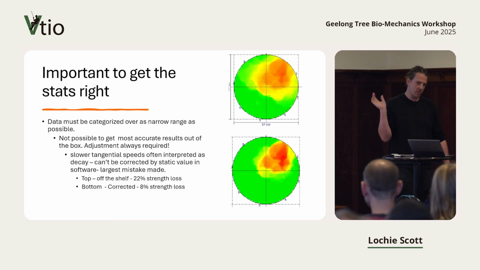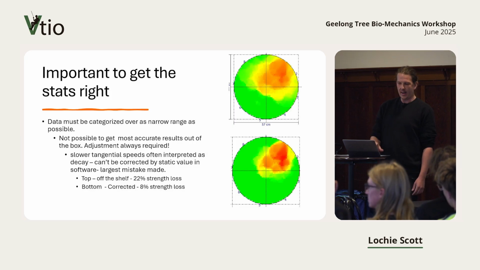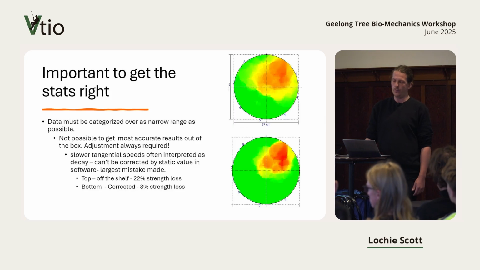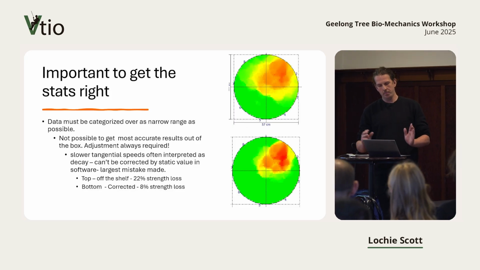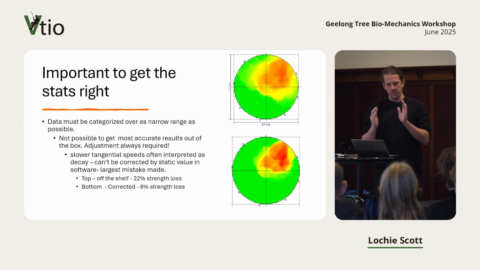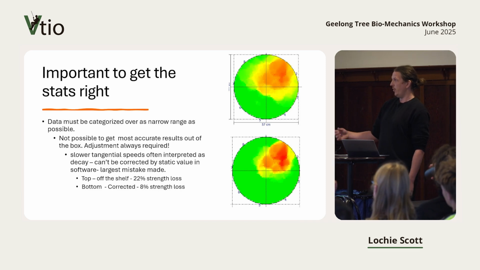So you have to do a statistical analysis on the data and tell the machine and the software how to sort your data points so it scales them and puts them into the colour space and categories over as narrow a range as possible. And for example, that statistical analysis can matter a great deal.